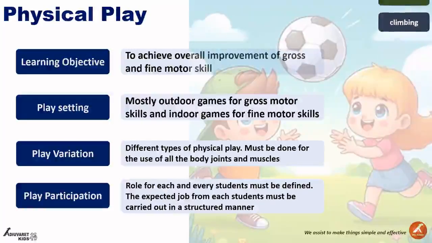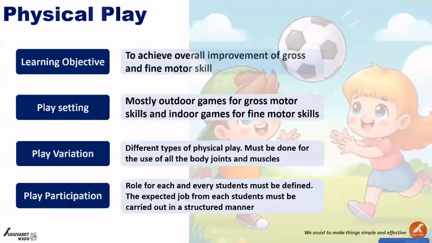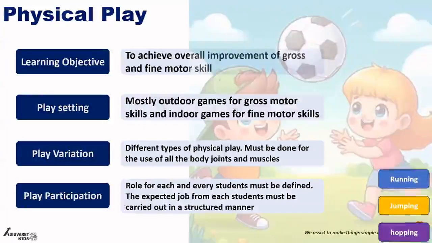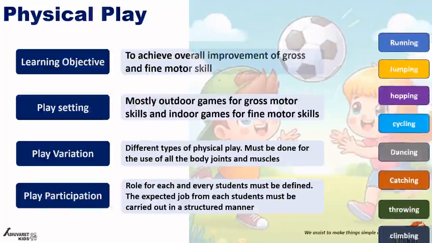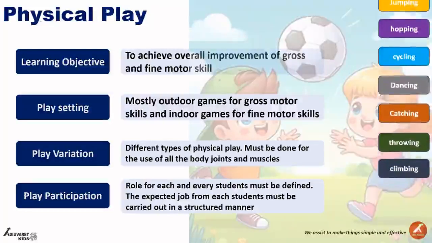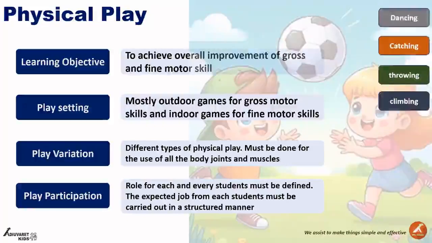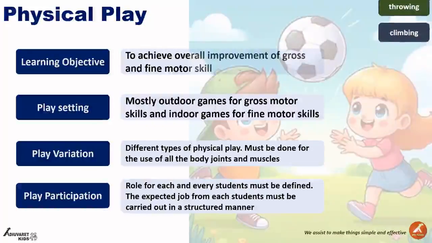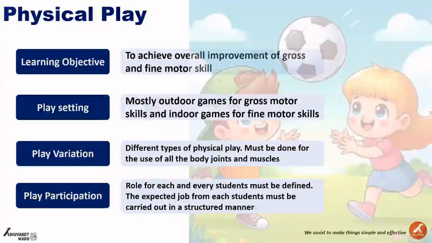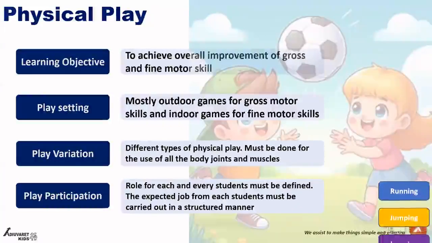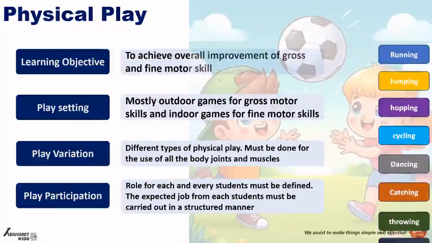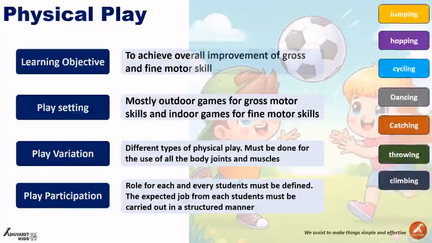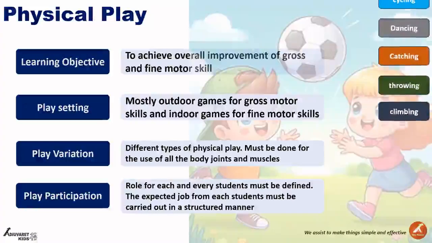The second participation rule is that if a particular step is defined by the teacher, then the teacher must ensure that each and every child is following and doing that step. No child should be missed out, without checking whether that particular step has been completed by the child or not.